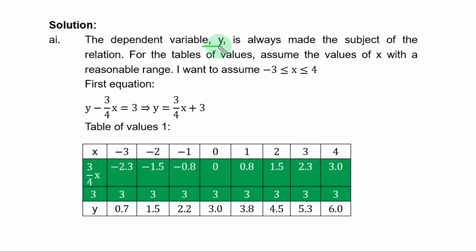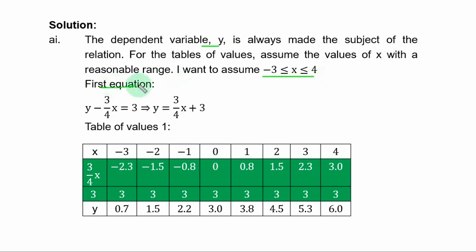After that, the values of s are always given, but when they are not, you need to assume a reasonable range. For this problem, I'm taking values from minus 3 to 4. That is minus 3 less than or equal to s less than or equal to 4.